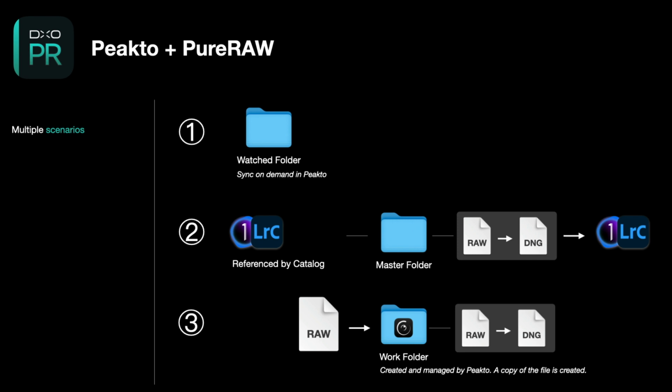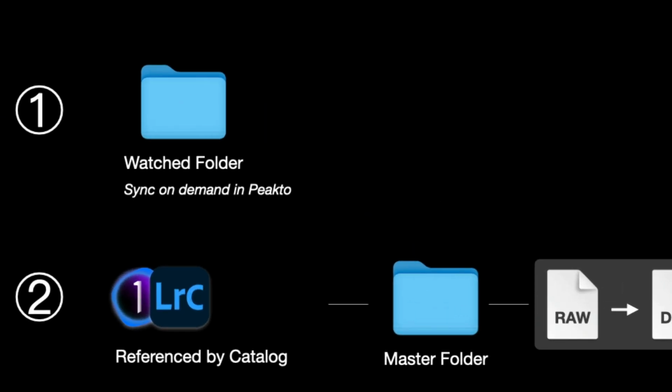Suppose you are starting from a raw file that lives in a watched folder. In that case, Peakto is watching that folder and is watching every hierarchy based on that folder.